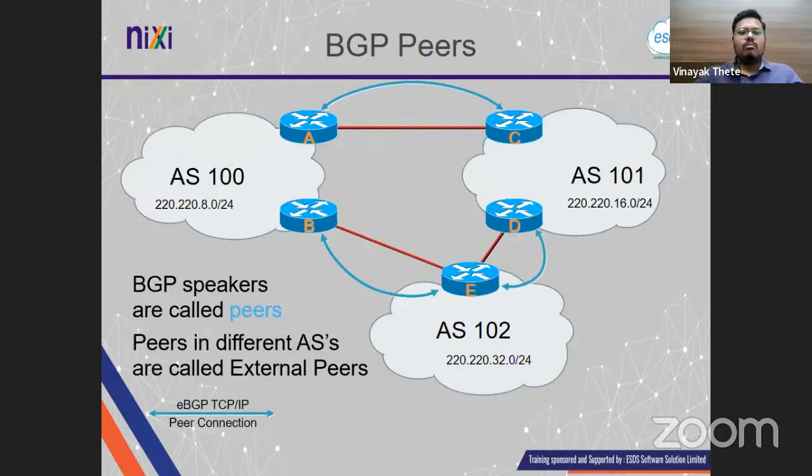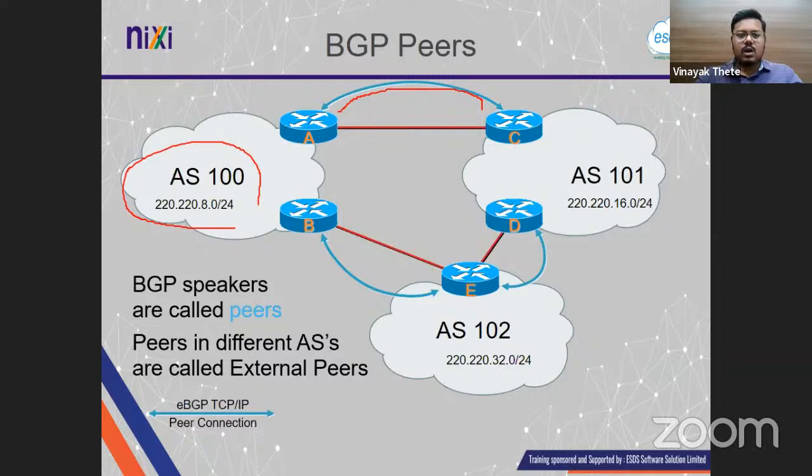Okay. So BGP peers. Suppose this is AS100, AS101 and AS102. And the link which is shown here, this link. The pairing between A and C are the peers, or we can say the BGP speakers, to exchange the route.